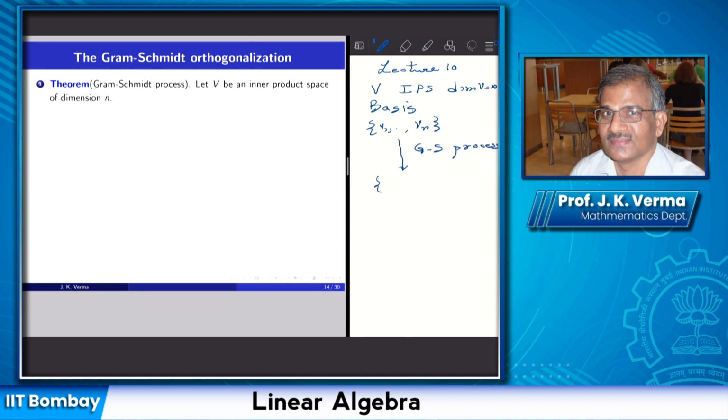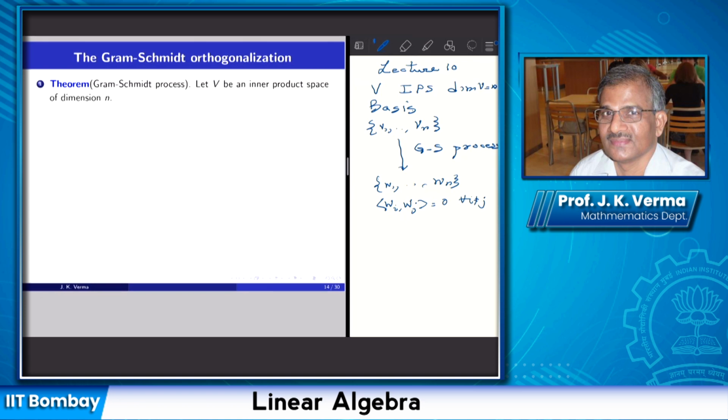and it will result in a new basis, so that the vectors in this basis are mutually perpendicular. And if we desire them to be unit vectors, we can always divide by their length and get a new basis.